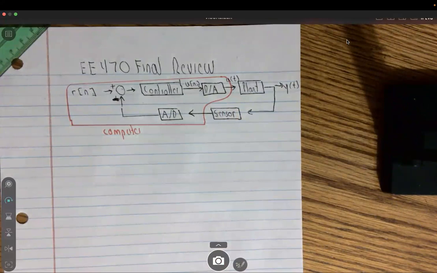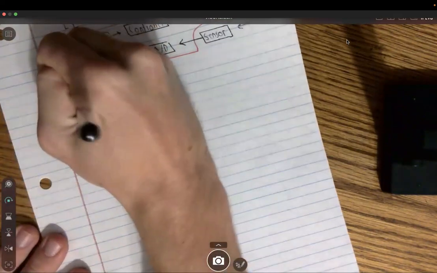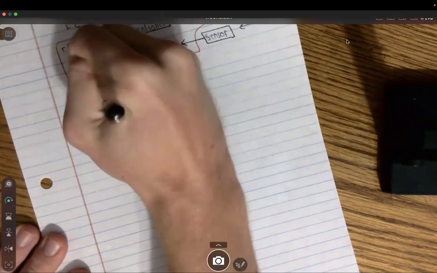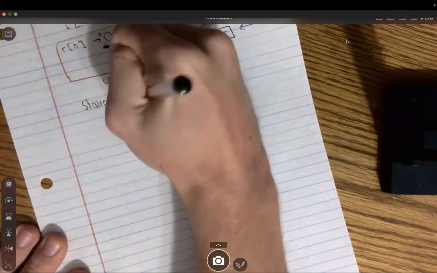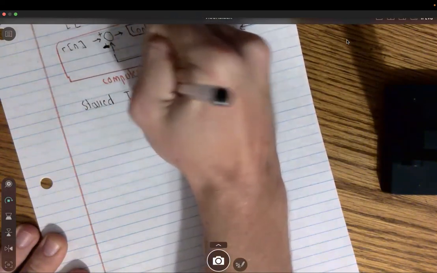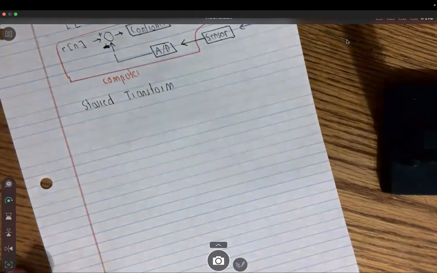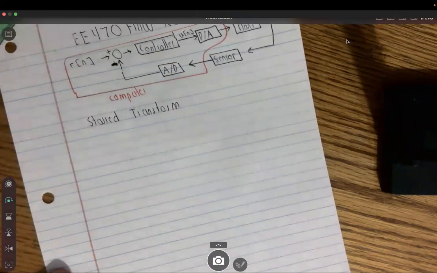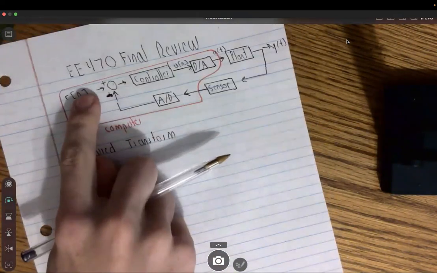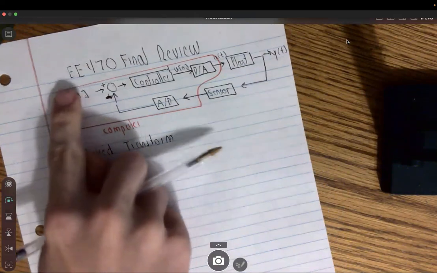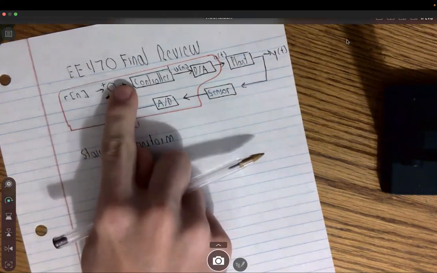Some important things to know: we have to do the starred transform, so get familiar with what that is, because that's an operation we use a lot. The starred transform helps us convert, basically. It's like an ideal sampler, because a lot of times we have to sample the signal coming in. Sometimes this input signal might be continuous, and then we have to sample it before.